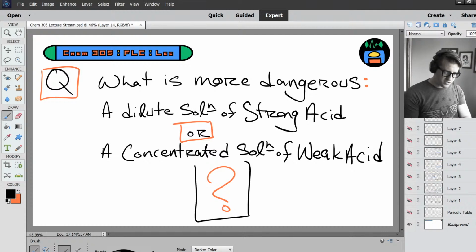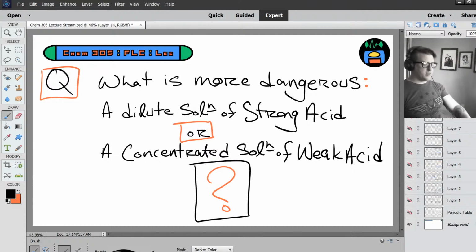What would be more dangerous? All right, we've talked about concentrations of acid, we've talked about acid strength, and so the question is, what's more dangerous?